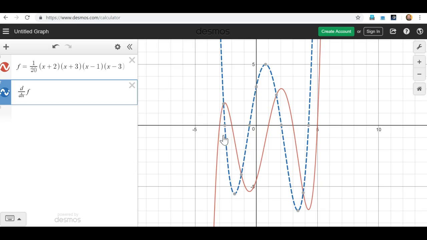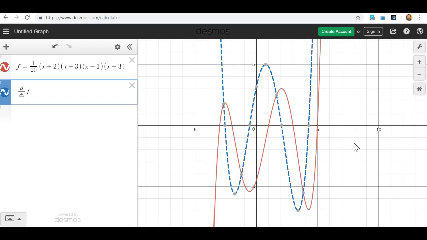Then, according to the derivative, it should be decreasing until it gets to that value. There we go. Then we're increasing again, up until we get to the next 0 in the derivative, and then we're decreasing until the next 0. There it is, right there. And then, because the derivative is positive, we're increasing the rest of the way up.